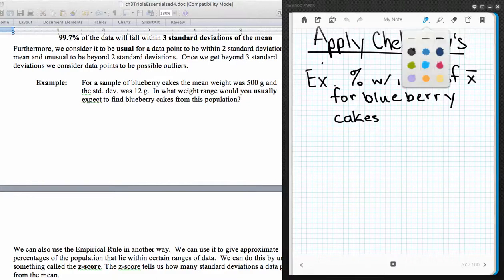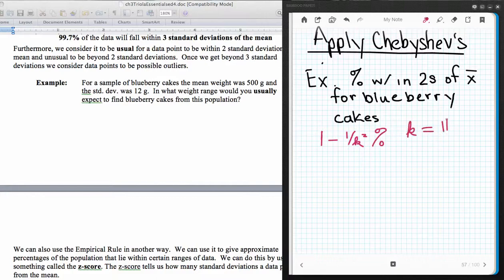Chebyshev's theorem, or Chebyshev's rule, it's usually called a theorem, says that our expectation for percentages of data within a certain number of standard deviations looks like 1 minus 1 over k squared percent of the data, where k is going to represent the number of standard deviations from the mean. And k has to be greater than 1.